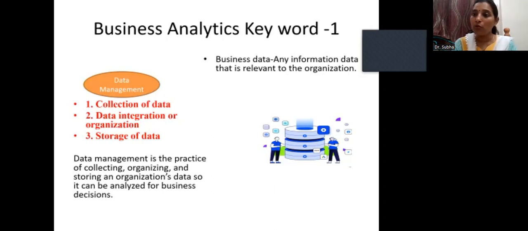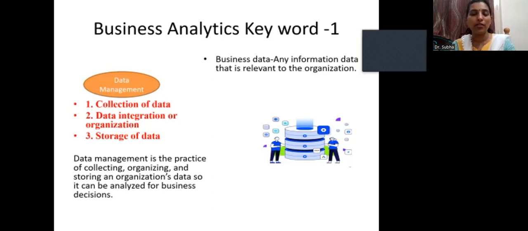Transforming or modifying the raw data is essential, and for that there are some tools and procedures.